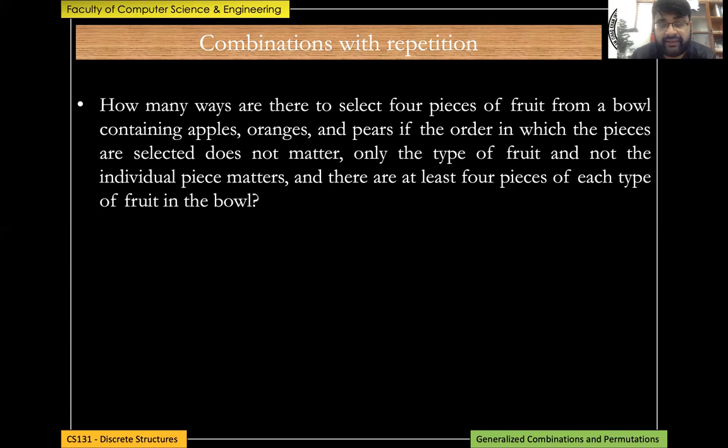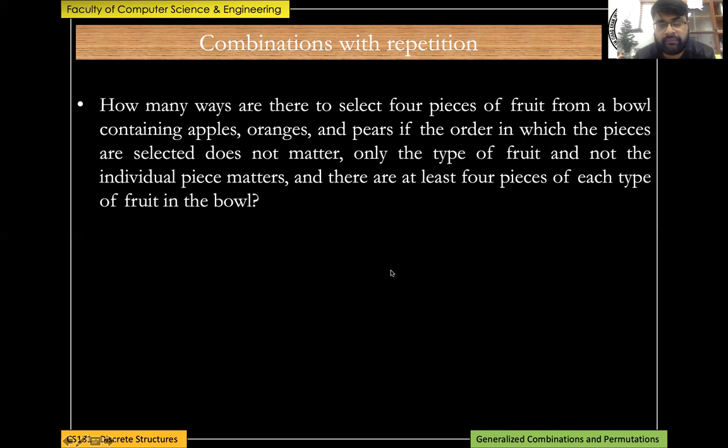The answer to that is, since we are supposed to select 4 pieces from 3 possible types, and the order of the pieces does not matter, and there are at least 4 pieces of each type, so let's say 4 multiplied by 3, 12. From 12 pieces, you have to select 4 pieces.